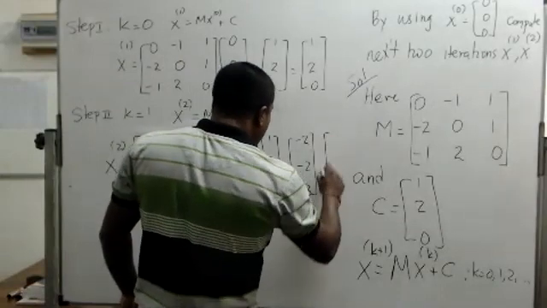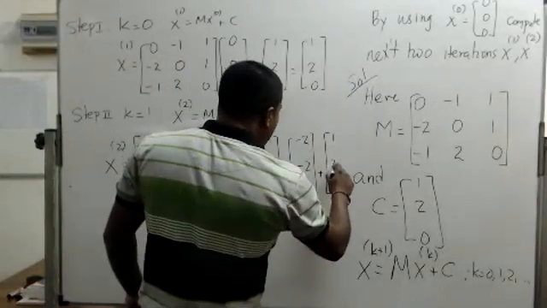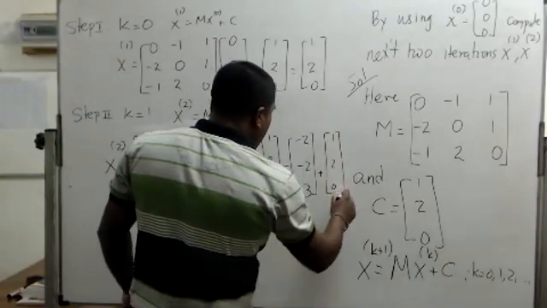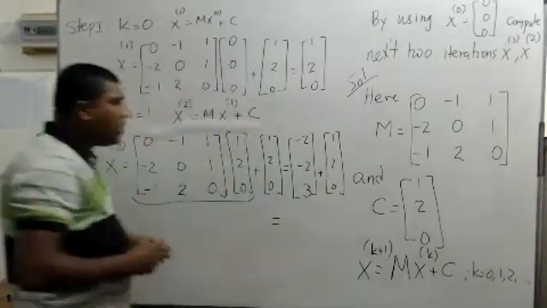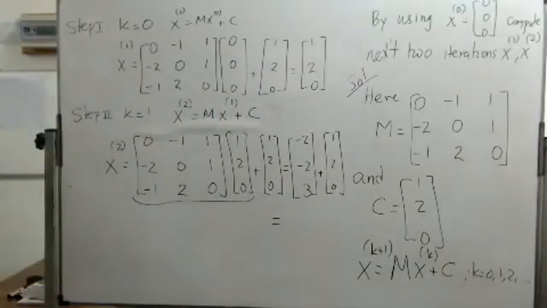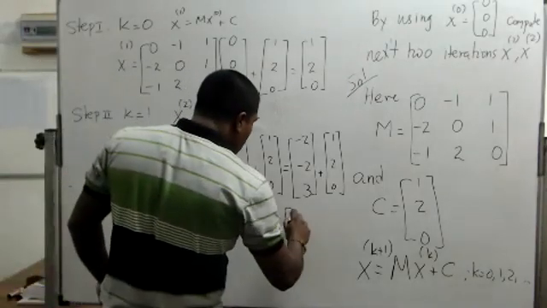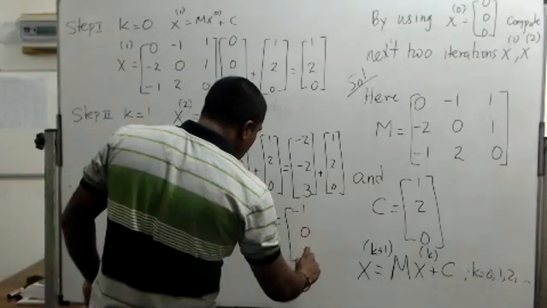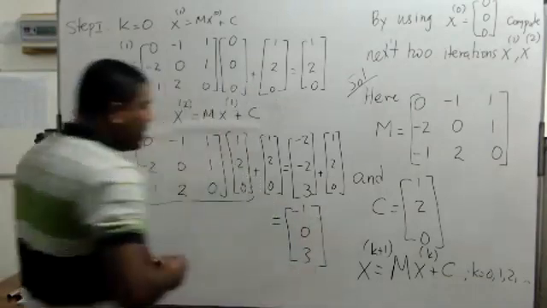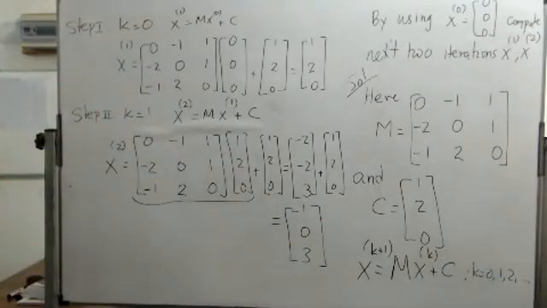Plus c, that is 1, 2, 0. Now if you add these two, you get minus 1, 0, 3. You can recheck the work. Sometimes there may be computation errors, but you can easily verify it.